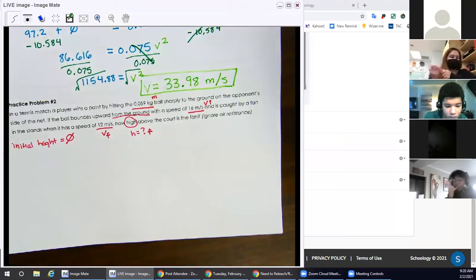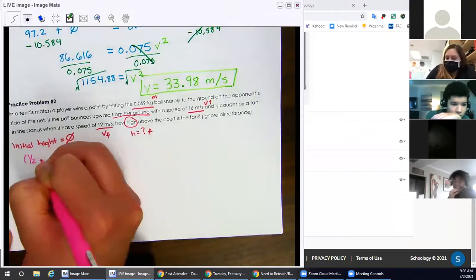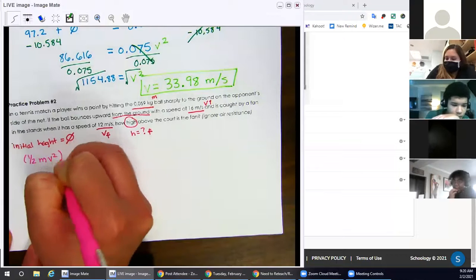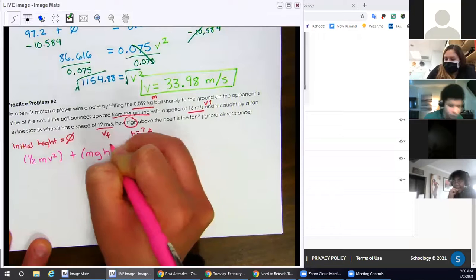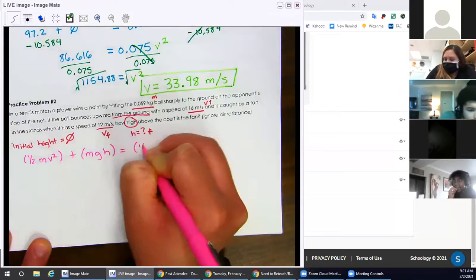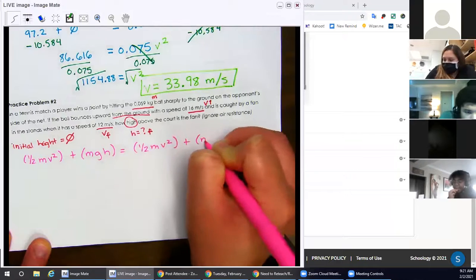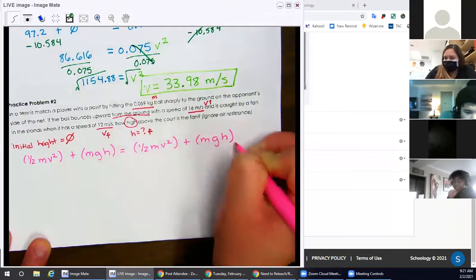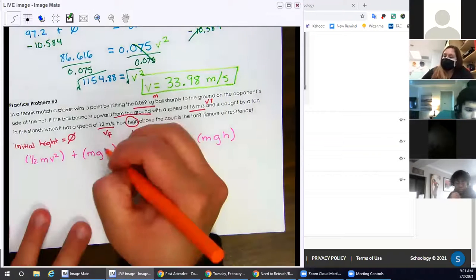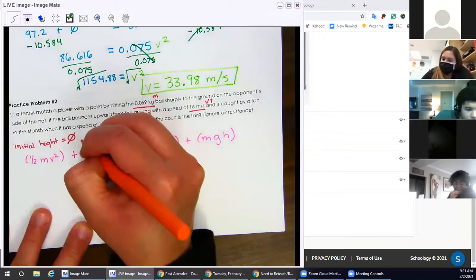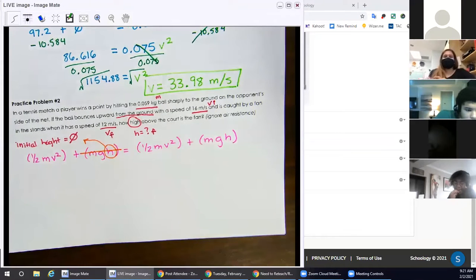All right, so our formula, long formula again, 1/2 mv squared plus mass times gravity times height equals 1/2 mass v squared plus mass times gravity times height. But like I said, this initial is 0, so we do not need to plug in this part.